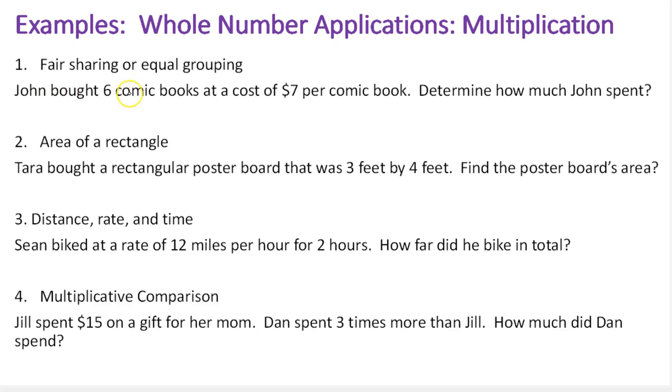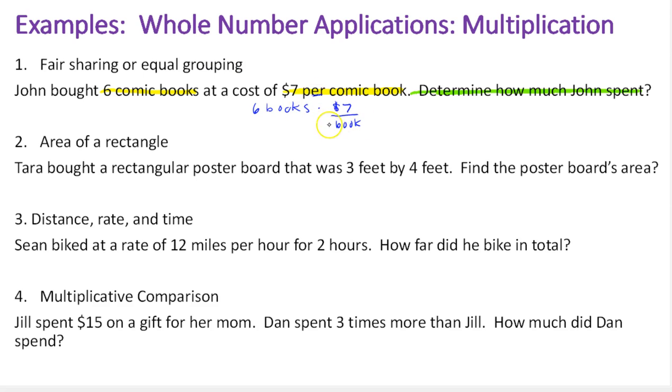So John bought 6 comic books at a cost of $7 per comic book. How much did John spend? Okay, so this is an equal grouping problem, and we can say that 6 books times $7, and I'm going to write this over books, so it's $7 per comic book.